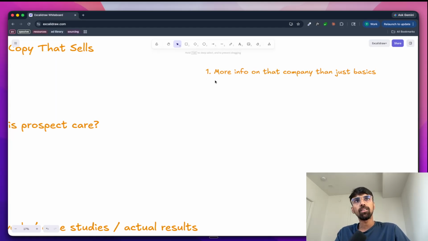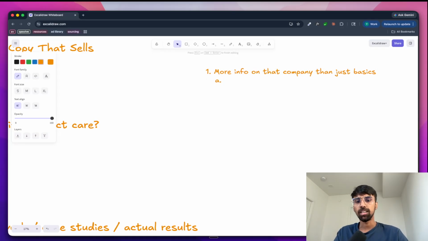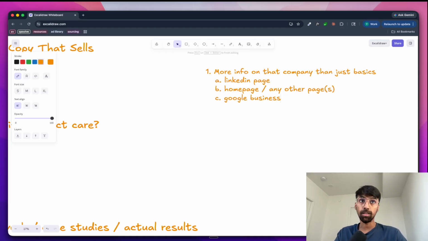And that more info can be obtained by looking at, for example, the LinkedIn page or the home page of the website itself or any other pages. You can look at the Google business profile if they're a local business. You can look at reviews.